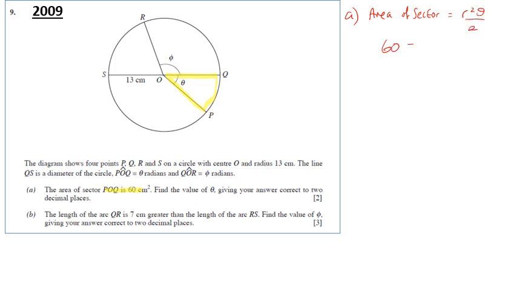They tell us that it's 60, and we also know that r is 13. So rearranging that, I need to do 60 times 2, and then divide it by 13 squared. And theta turns out to be 0.71 if you round it to 2 decimal places.